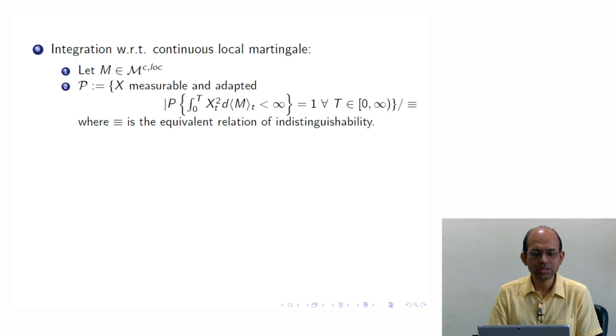Why is it so? Because M is just a continuous local martingale, so I might not have the expectation of this thing to be finite. However, I can just require this to be a finite-valued random variable.